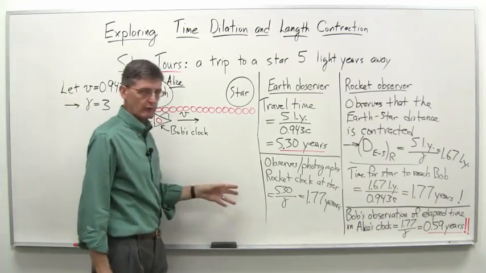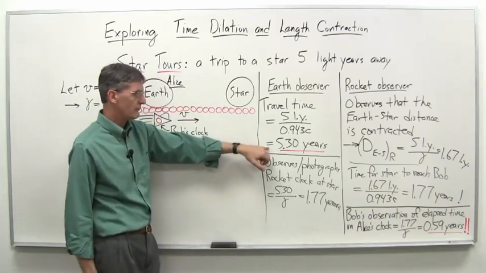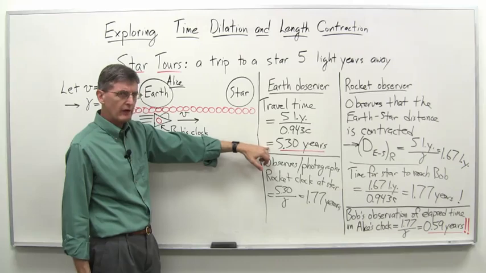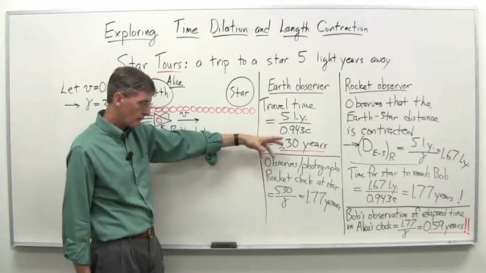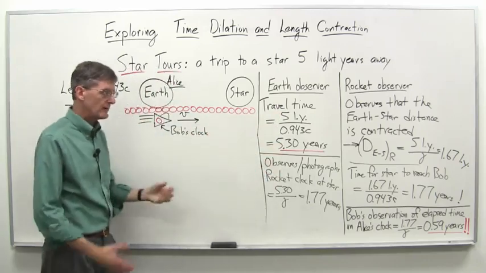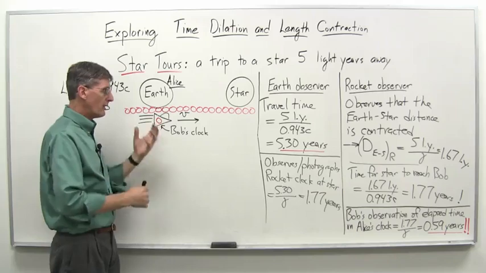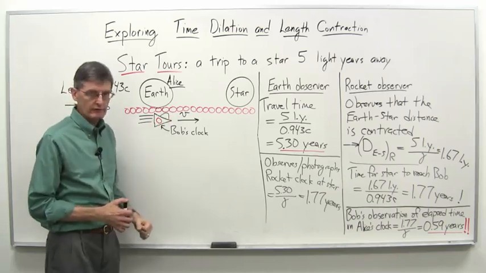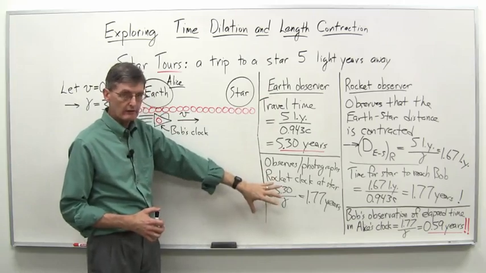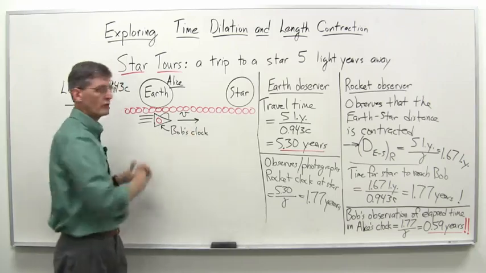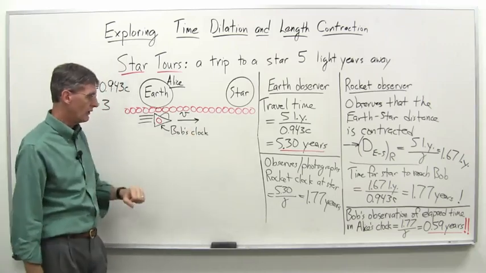But then we asked the question, and we held off on this. We said, how does Bob explain this 5.3 years business, especially when we took the next step and said, okay, shouldn't time dilation also apply to Bob observing Alice's clocks? It applies for Alice observing Bob's clock, or system of clocks. Bob, of course, has his own lattice of clocks, which we didn't draw in here.